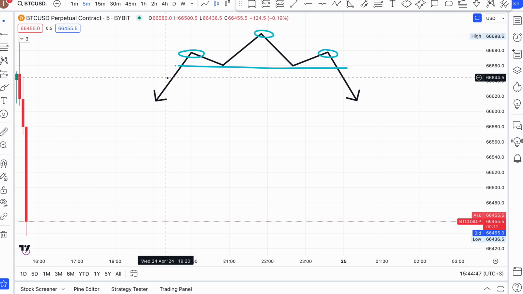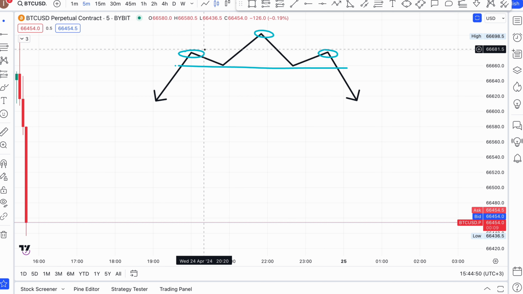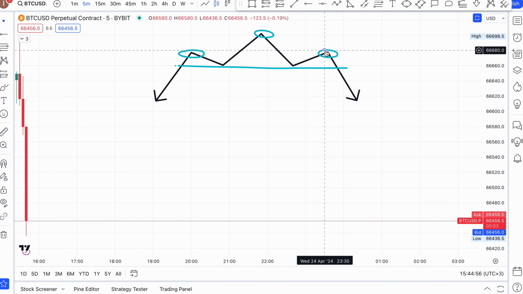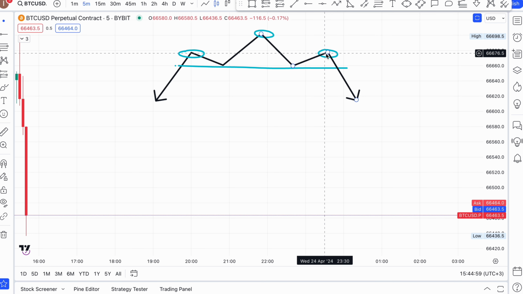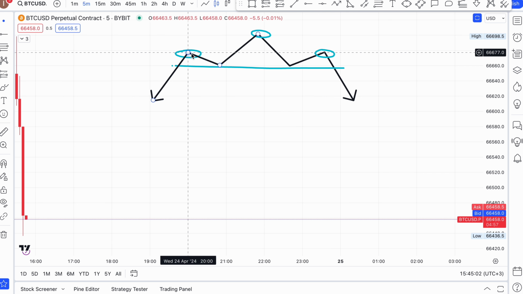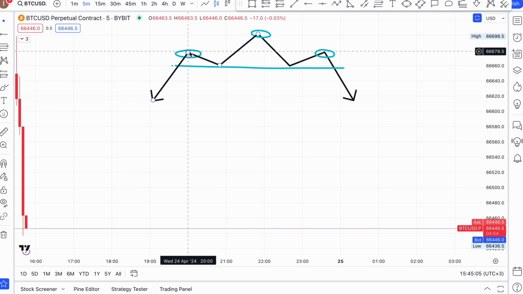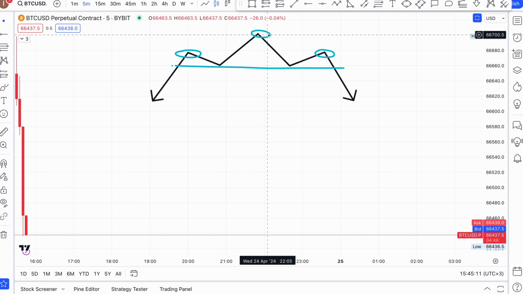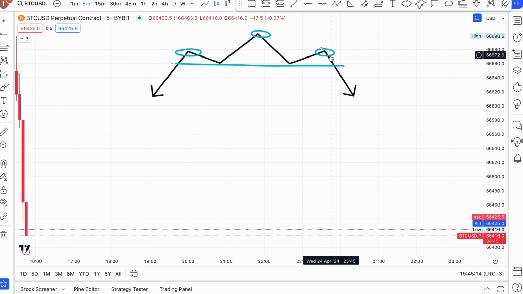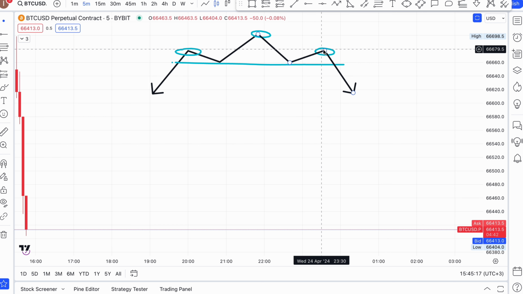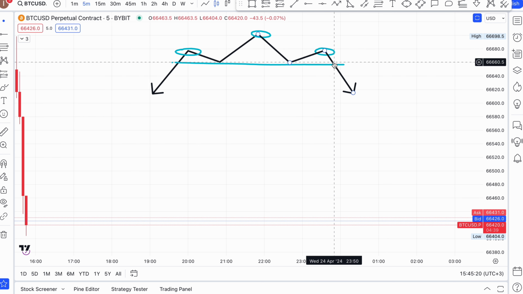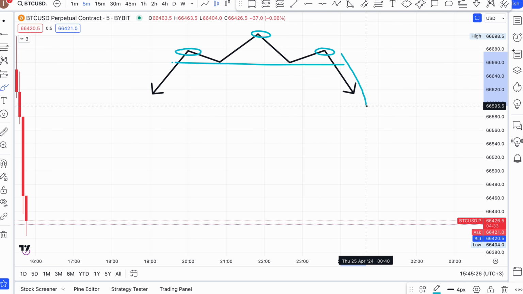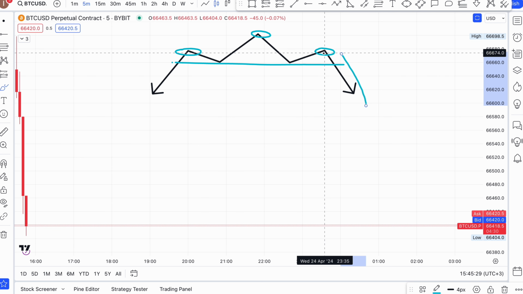So if this market is forming higher highs and higher lows, all of a sudden you see this particular swing high form exactly the same as this previous one, making the one in the middle higher than this one, right? Immediately you see that this has formed.